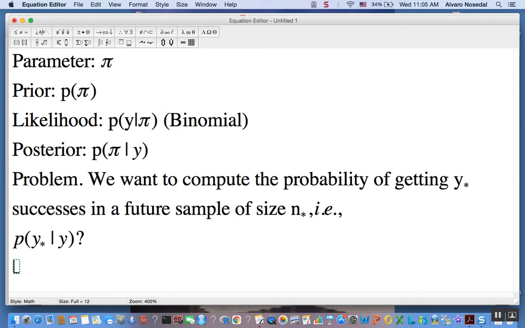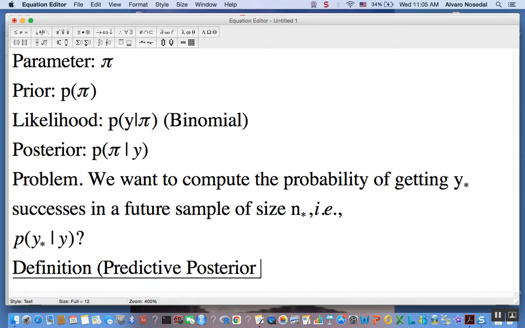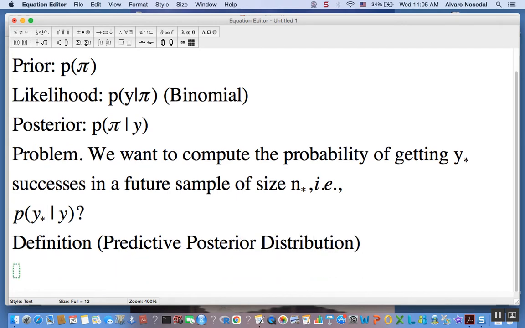Now let me define what we mean by the posterior predictive distribution.